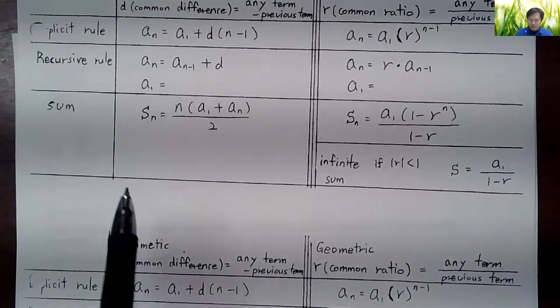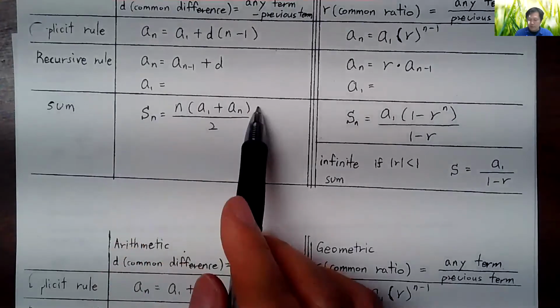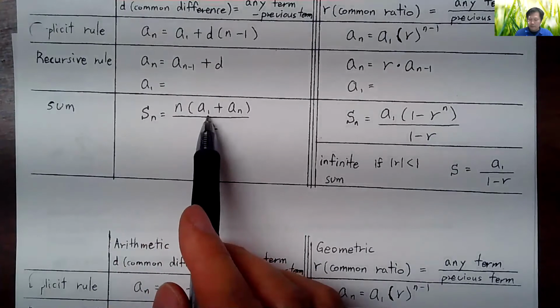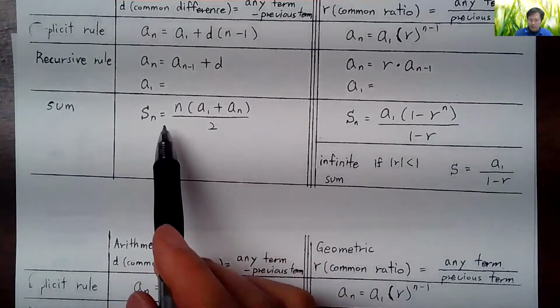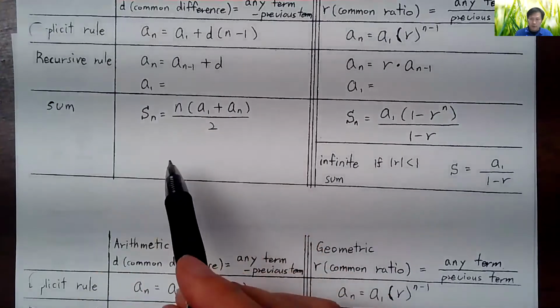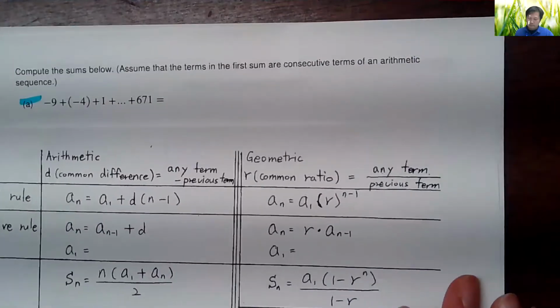For an arithmetic series, the summation formula is this: S of n equals n times parenthesis a sub 1 plus a sub n parenthesis all over 2. You do need to memorize this formula unless it's provided for you. You just follow the formula.